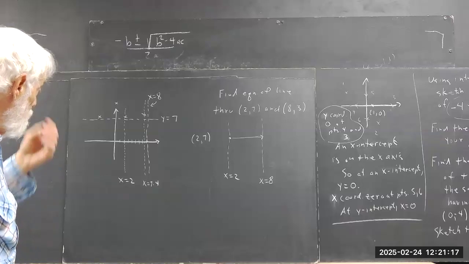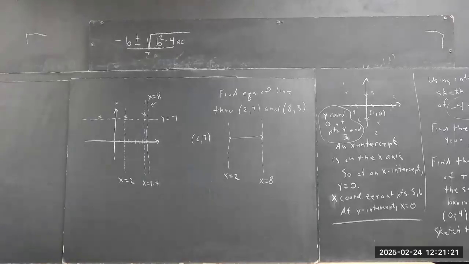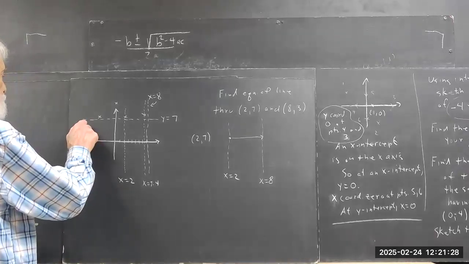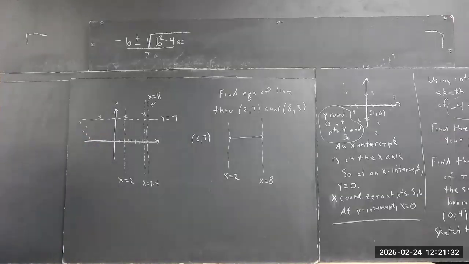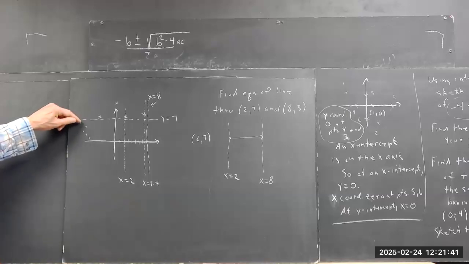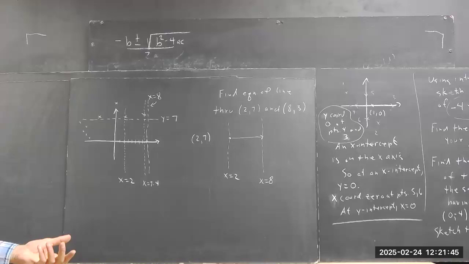I'm going to ask, where's y equals 3? If this is y equals 7, where's y equals 3? So I'm going to draw points here. 1, 2, 3, 4, 5. Which of those points makes more sense for y equals 3?